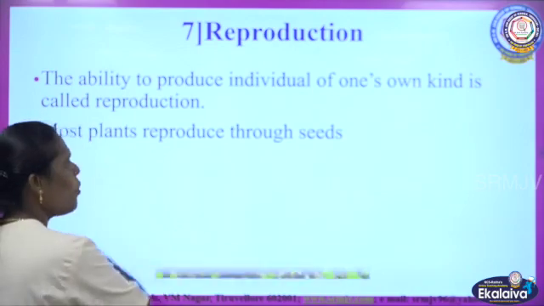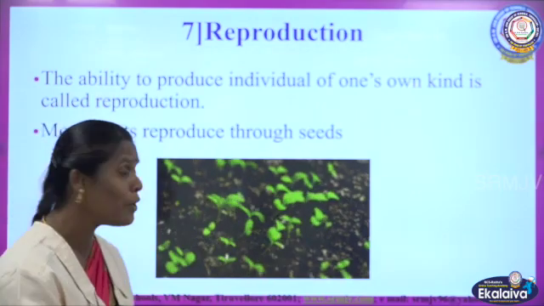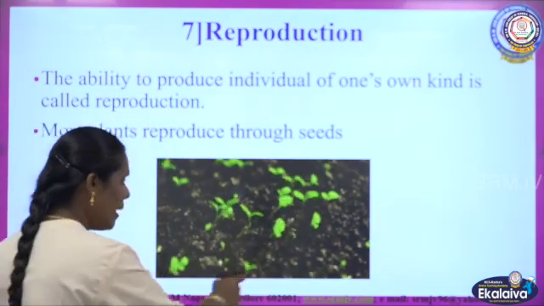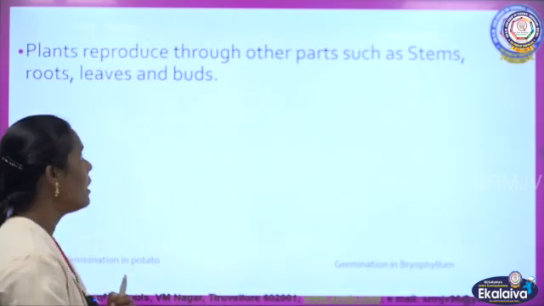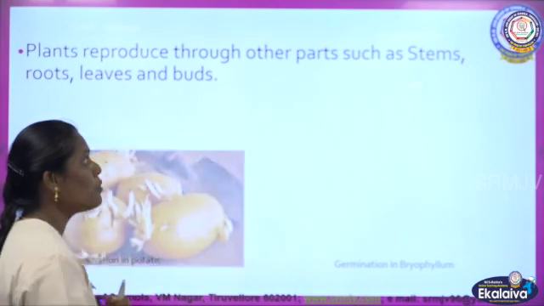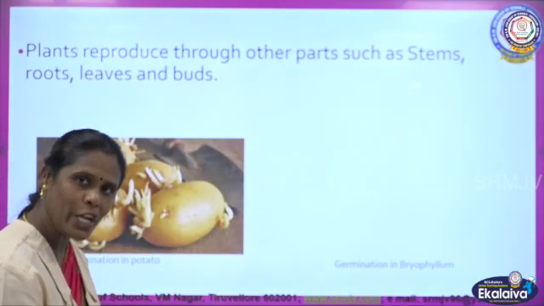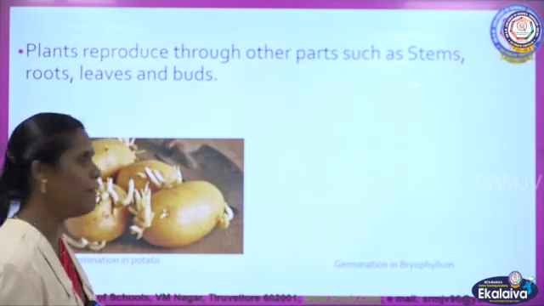You see, most of the plants reproduce through seeds. But some of the plants reproduce through other parts such as stem, root, buds and leaves.